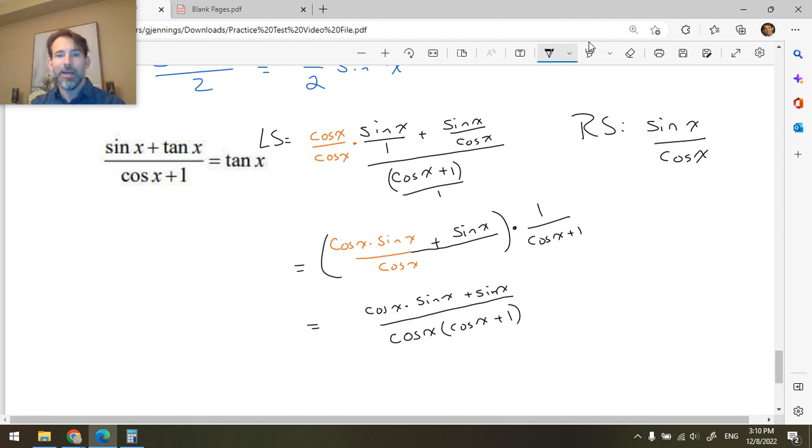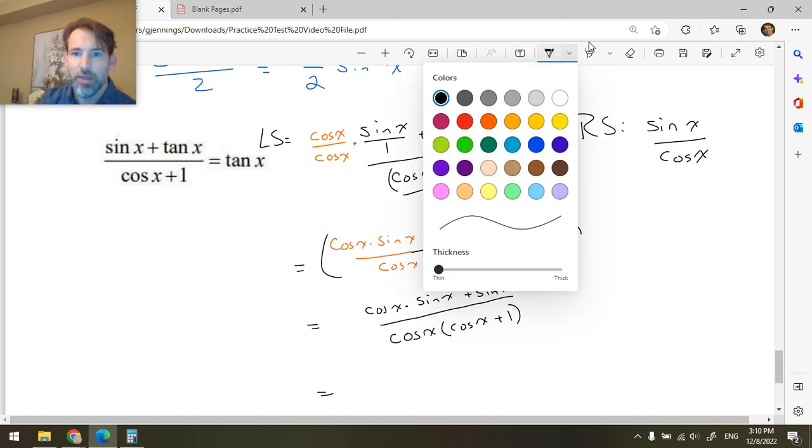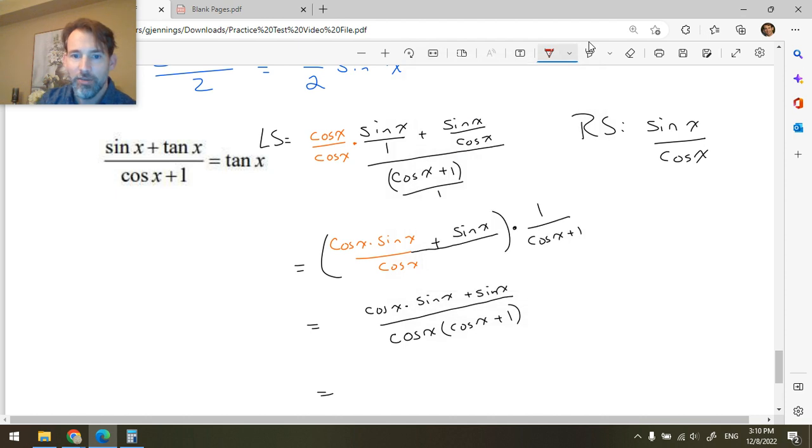All right. Now, what can we do? I don't see anything that can cancel because I have addition on the top. Try factoring. Okay, so try some factoring here. See if you can factor that. Oh, I noticed that on the top, I have something that will factor out. I have sine x plus sine x, so I can factor that. So it will look like this.